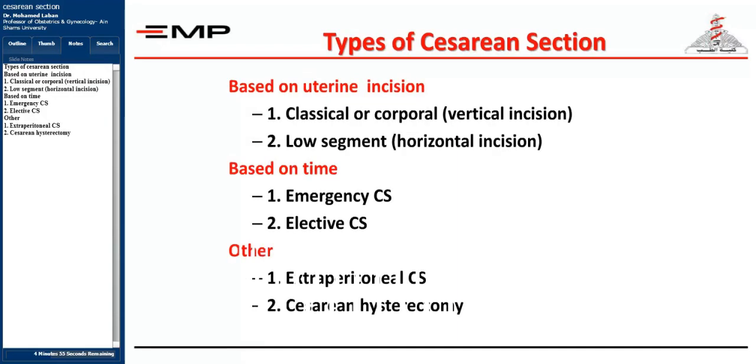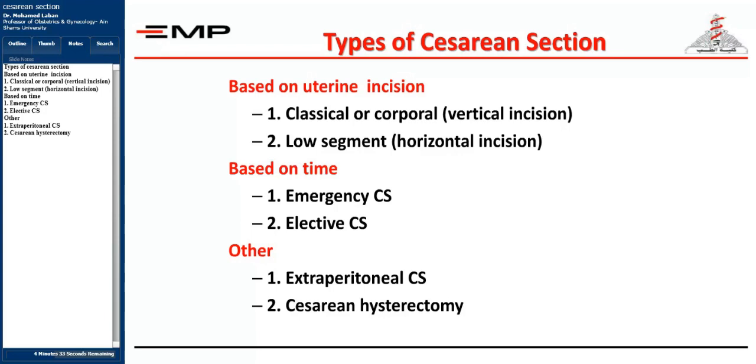Types of cesarean section. Based on uterine incision: classical or corporal, vertical incision; low segment, horizontal incision. Based on time: emergency CS, elective CS.